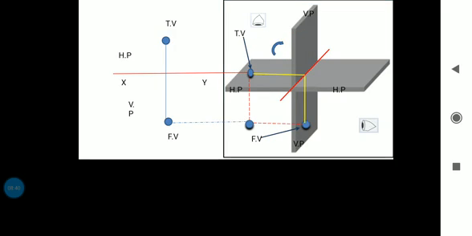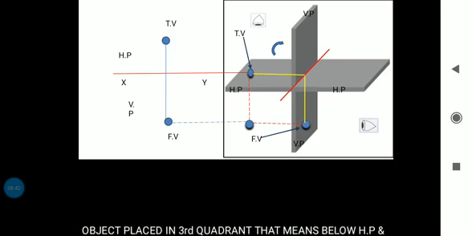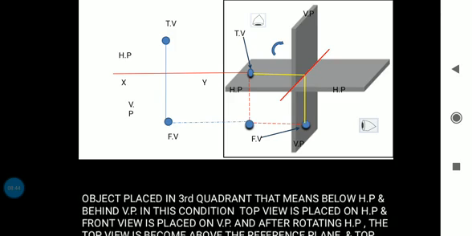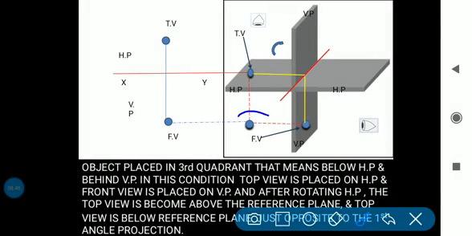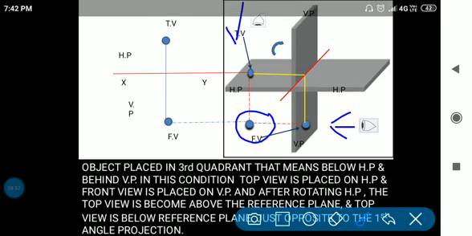This is the third angle projection, and it is clear that in third angle projection, the object is placed in the third coordinate, this is the third coordinate, see it, and the observer sees from here, from the front side and from the top side.